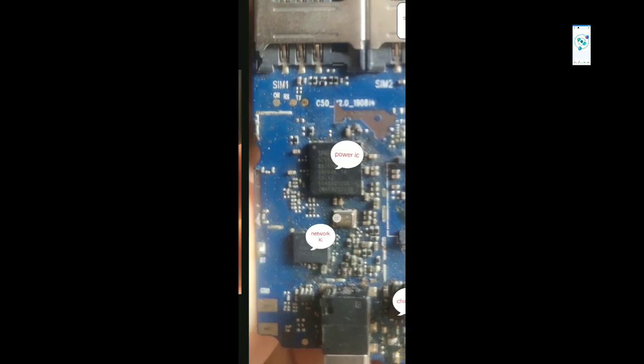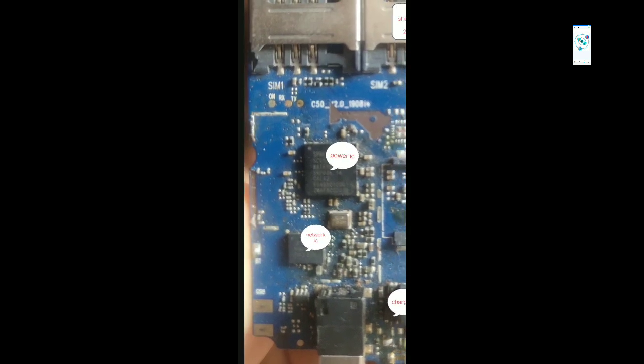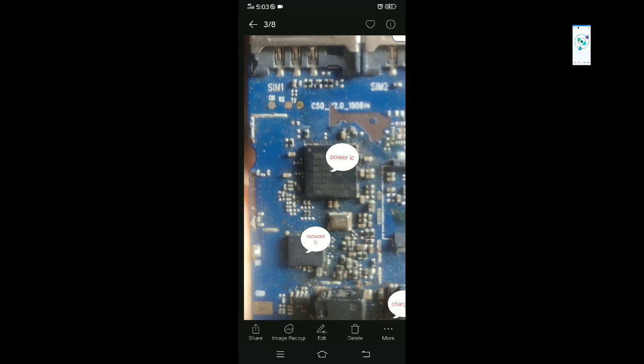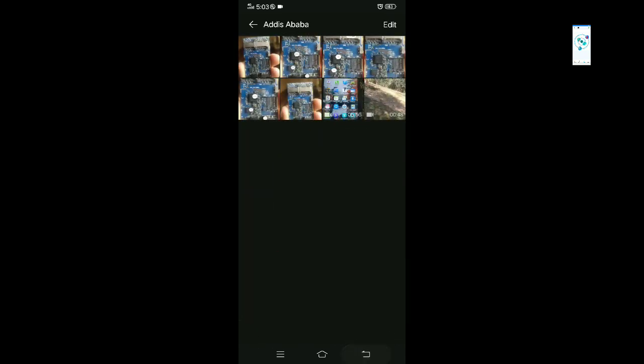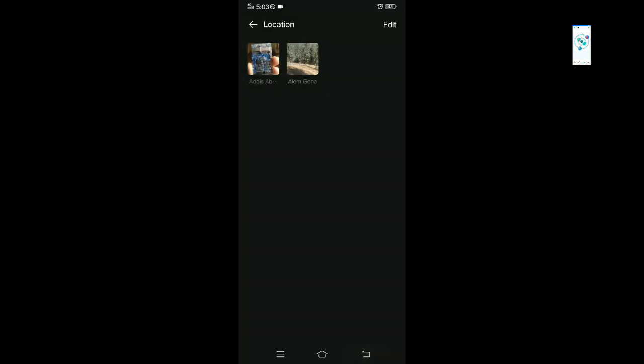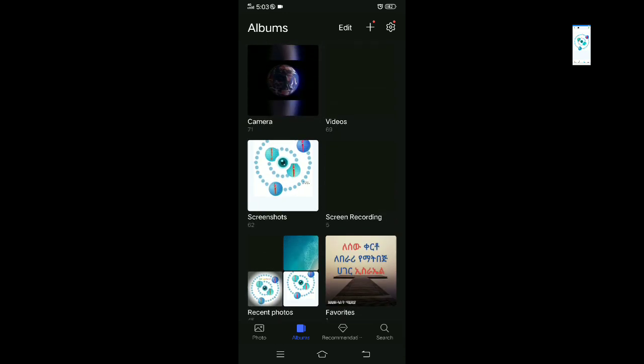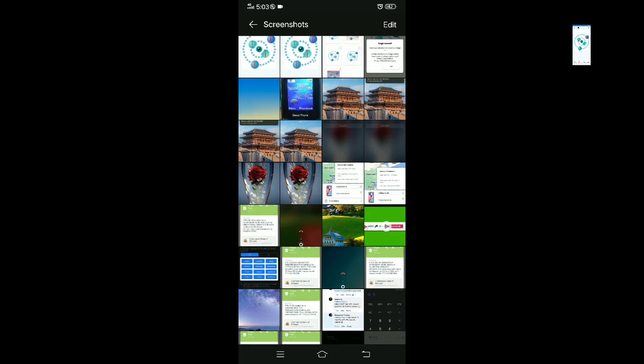If we change it, the problem will be fixed totally. So if we have a problem that says no service or searching or emergency calls only, we have to do it like this.